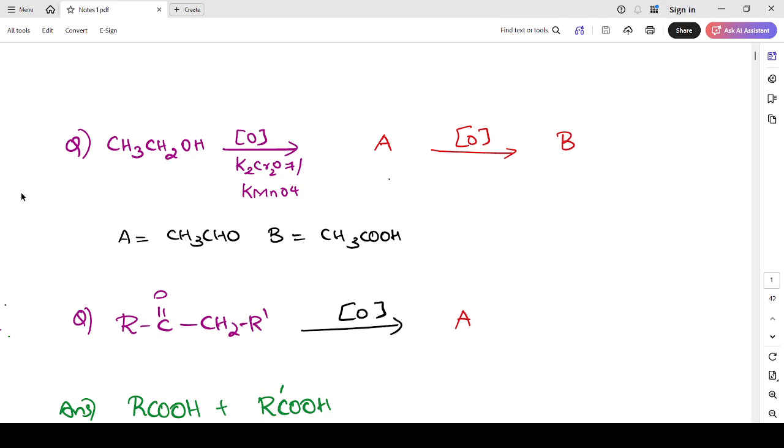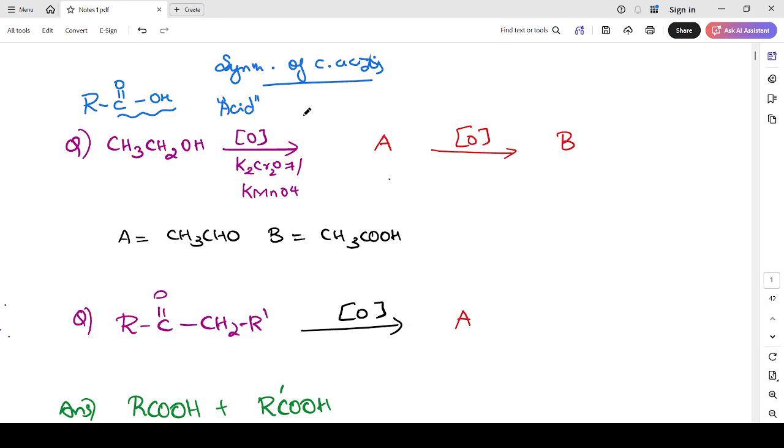We are discussing the synthesis of carboxylic acid. I have R, C, O, O, H. This functionality is carboxylic acid. The moment we say it's acid, we understand they are acidic in nature.